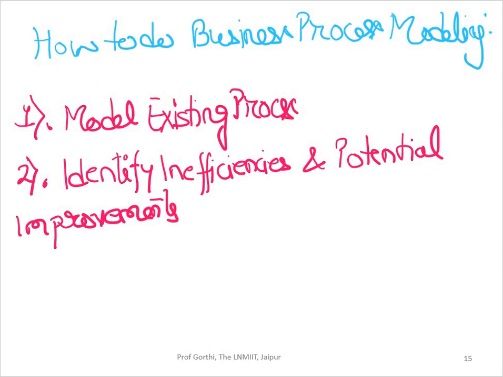That means I need to identify how well the process is performing. Is it actually efficient or not? And am I able to meet my operational goals with these processes or not? Are there any steps in the processes that are wasteful? Right, so I need to find the answers. That's why I go ahead with business process modeling.